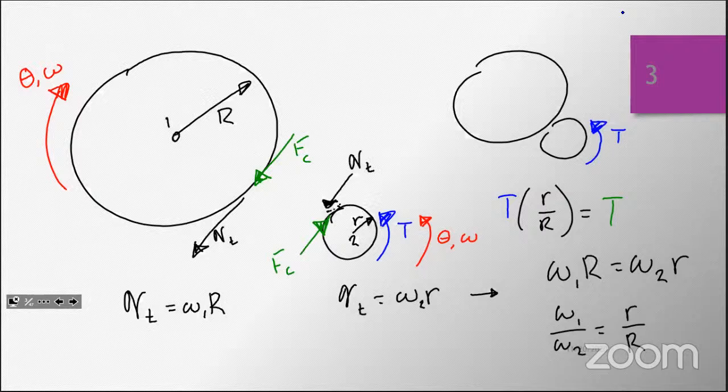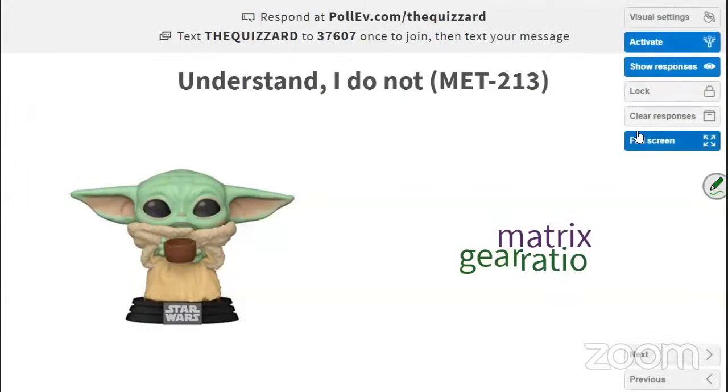If I wanted to solve here for the speed, omega 1 would just equal the small gear radius over the large gear radius, or the gear ratio, times the output, omega 2, which is what we used in our problem. We'll go back over that problem again in a few minutes. Hopefully that helped clear up gear ratio a little bit.